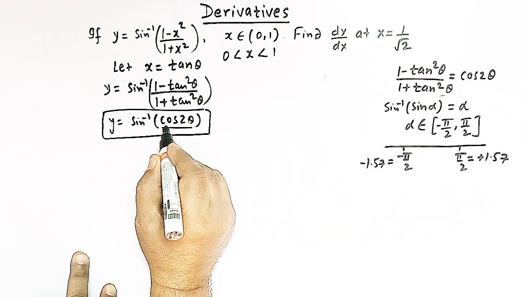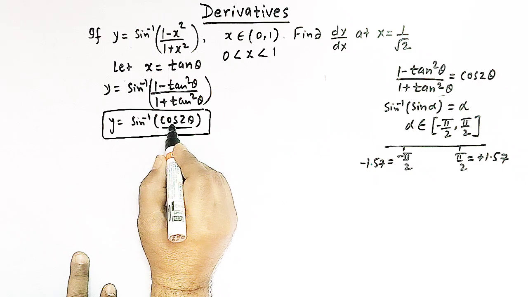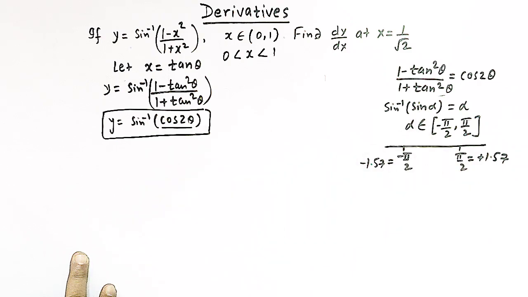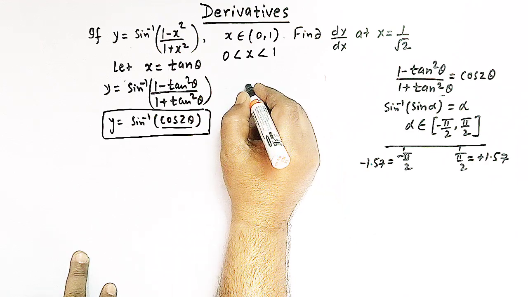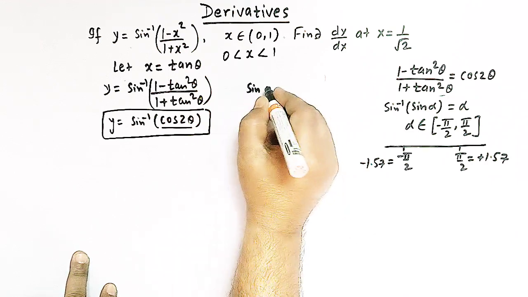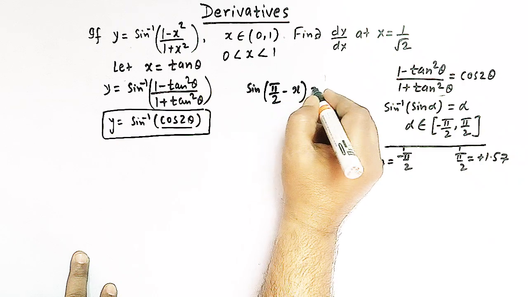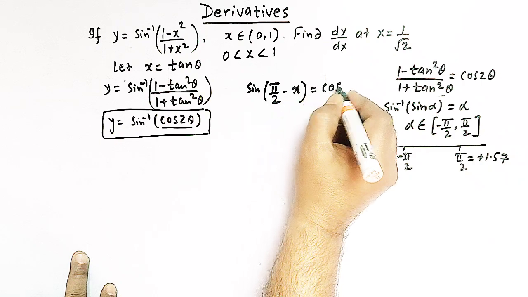So the first step is to convert this cosine function into a sine function. We make use of the trigonometric identity sine of (pi by 2 minus x) is equal to cosine x.